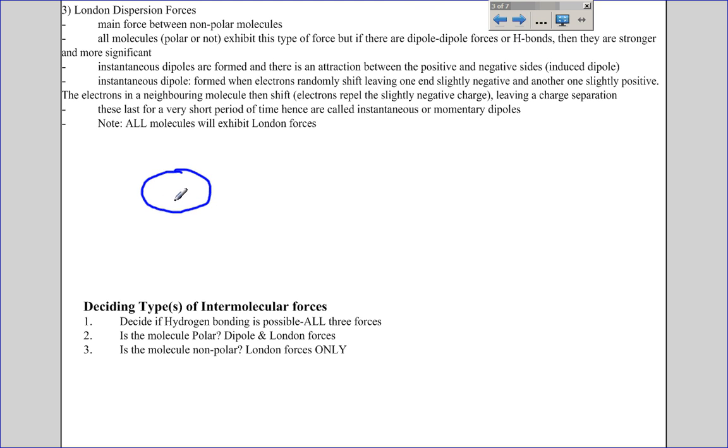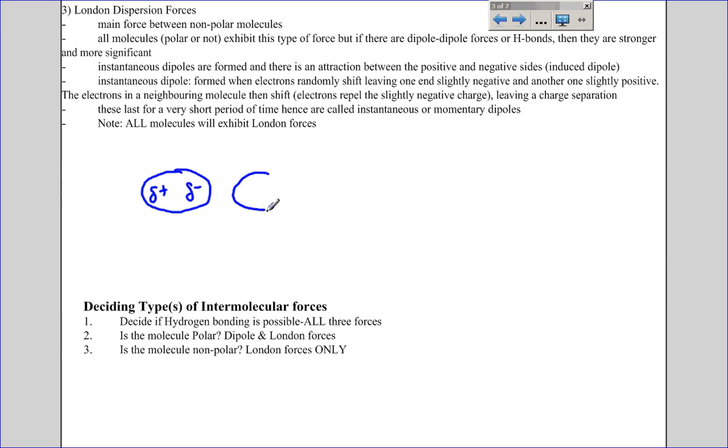An instantaneous dipole is formed because the electrons within the orbitals in the molecule are randomly moving around. And it's possible that for a moment in time, enough electrons will gather in one area to leave one part of the molecule slightly negative. That will leave another part of the molecule slightly positive.